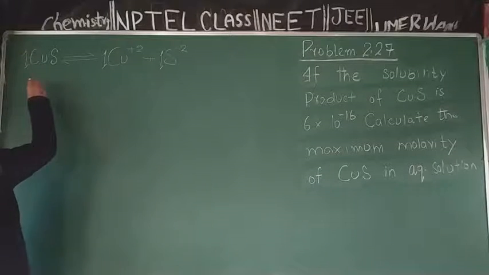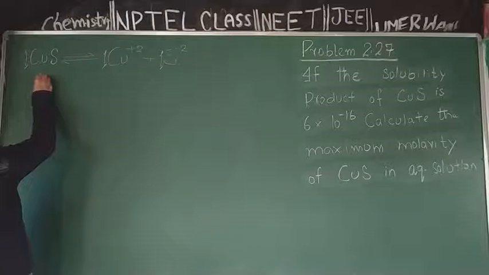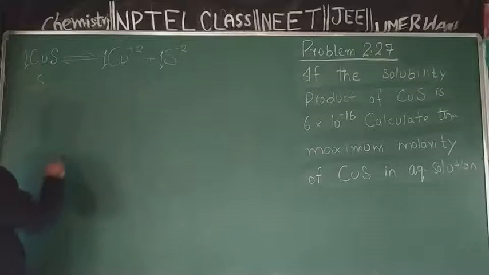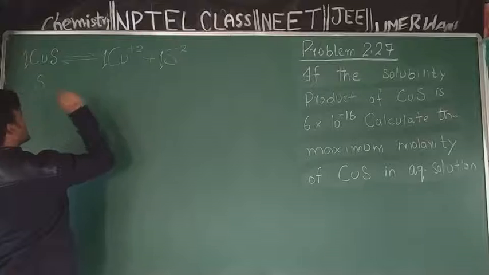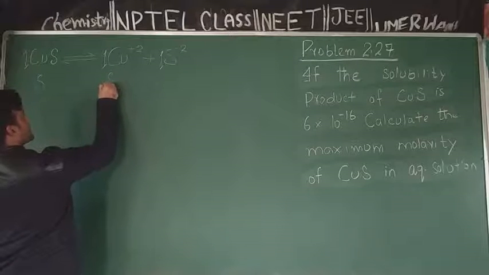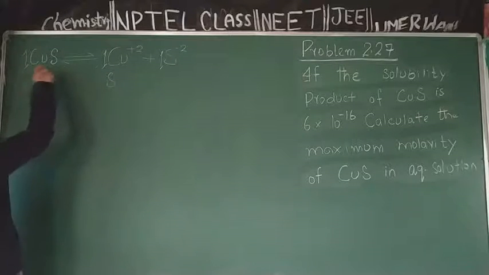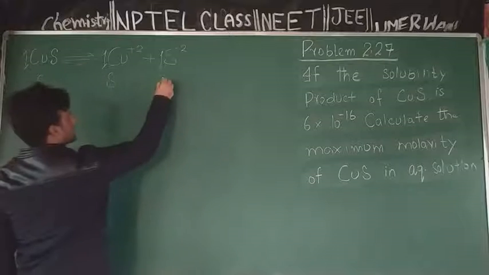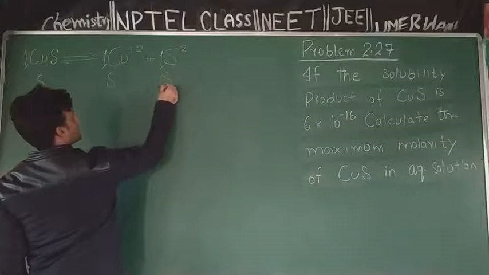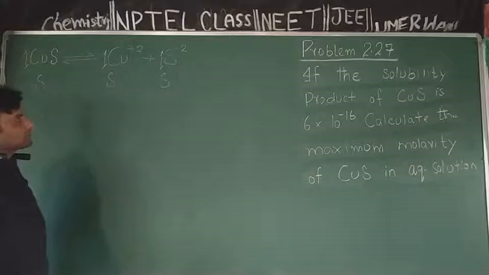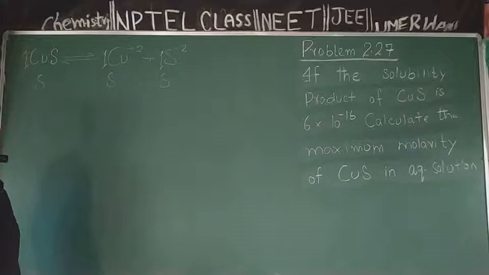Now coming first to solubility product, if its maximum concentration in solution is equal to solubility, then what will be the concentration of copper ion at equilibrium? It is equal to the solubility of the salt, because it is 1:1. What will be the maximum ionic concentration of sulfide ion?